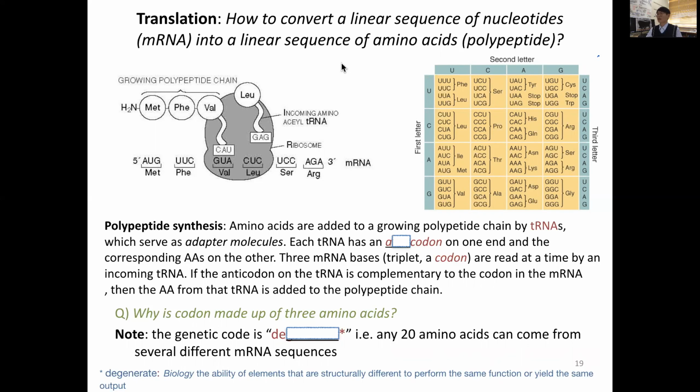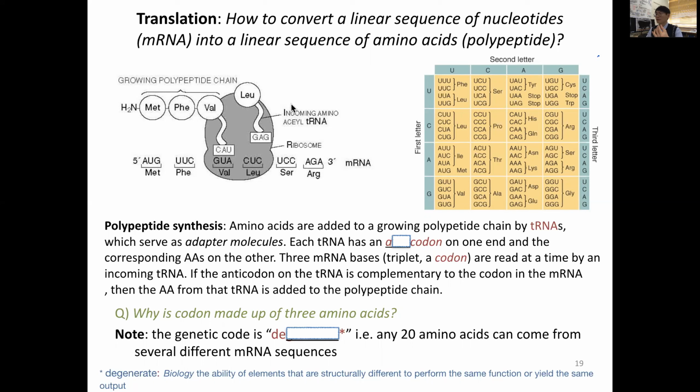This mRNA transcript has a 5' end and a 3' end. Interestingly, we will discuss more later, this 3-letter nucleotide group corresponds to 1 amino acid.